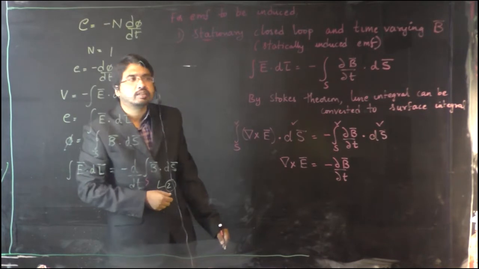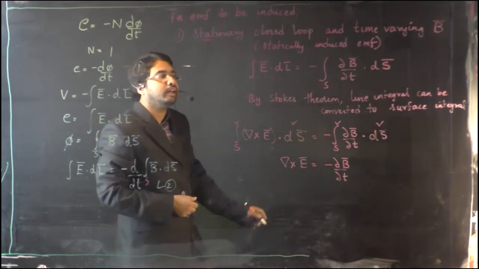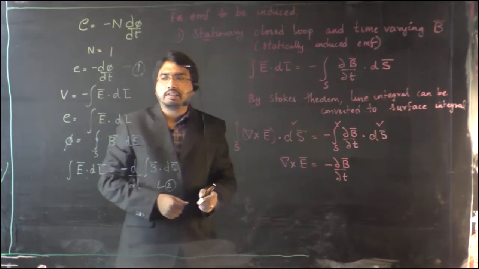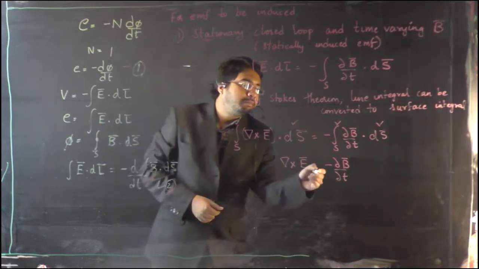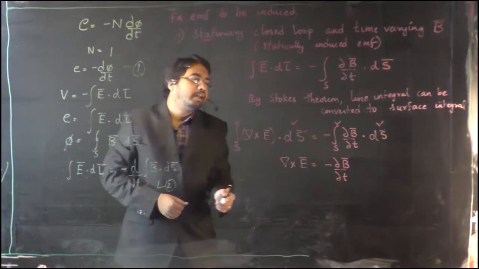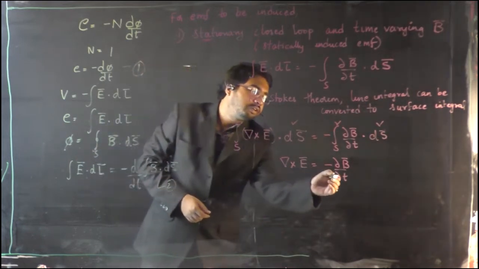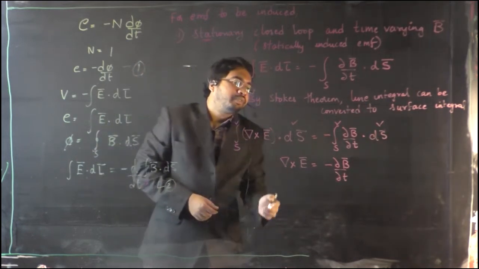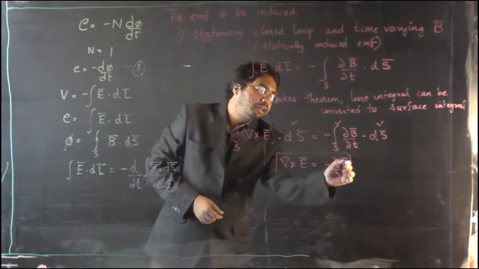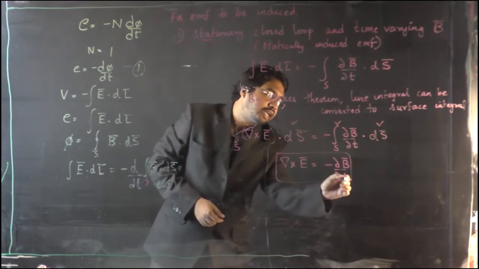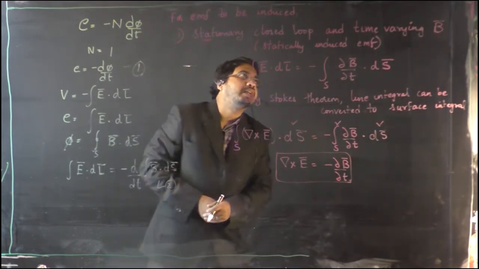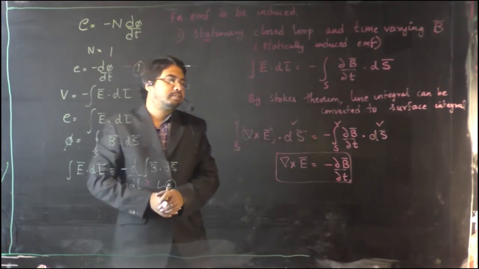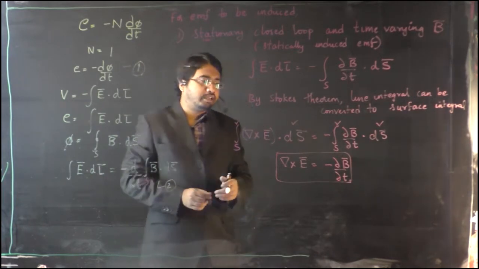That means a stationary closed loop and time varying magnetic field: del cross E bar equal to minus ∂B bar/∂t. This is the mathematical form of Faraday's law in the statically induced EMF case.